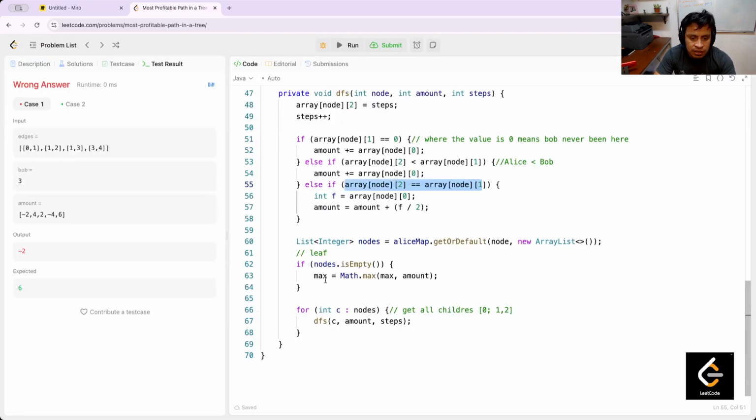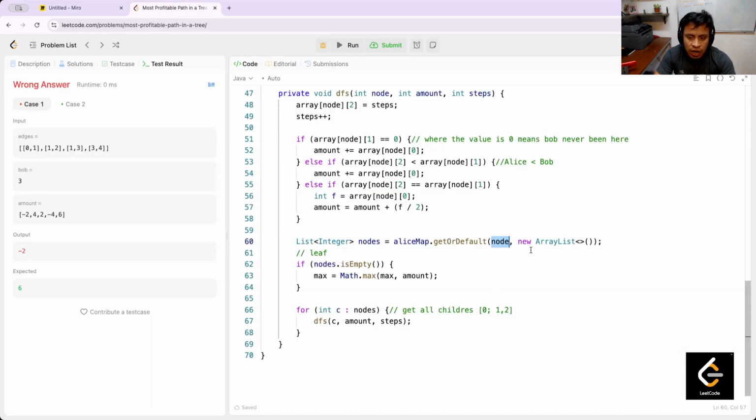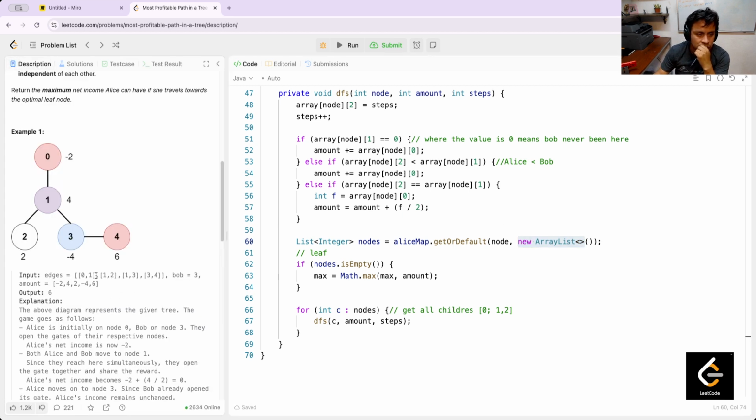In this case, for example, the node is empty because node 2 doesn't have any, it doesn't exist, return the default, and it should have the value of 2.